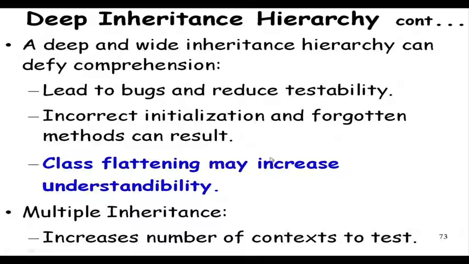So, one possibility is that we may flatten the class hierarchy, but then that also has its own problem. So, a deep class hierarchy is not good, and also if we have multiple inheritance as in a language such as C++, then we might have too many contexts to test.